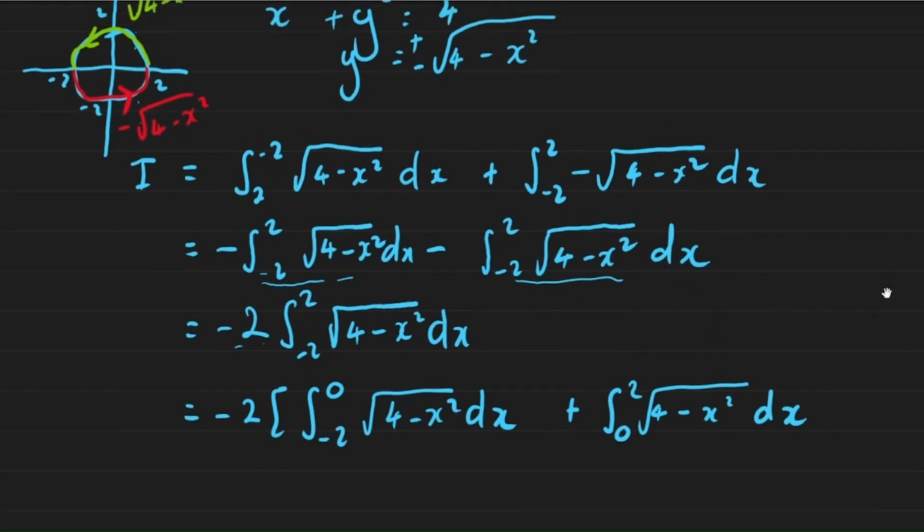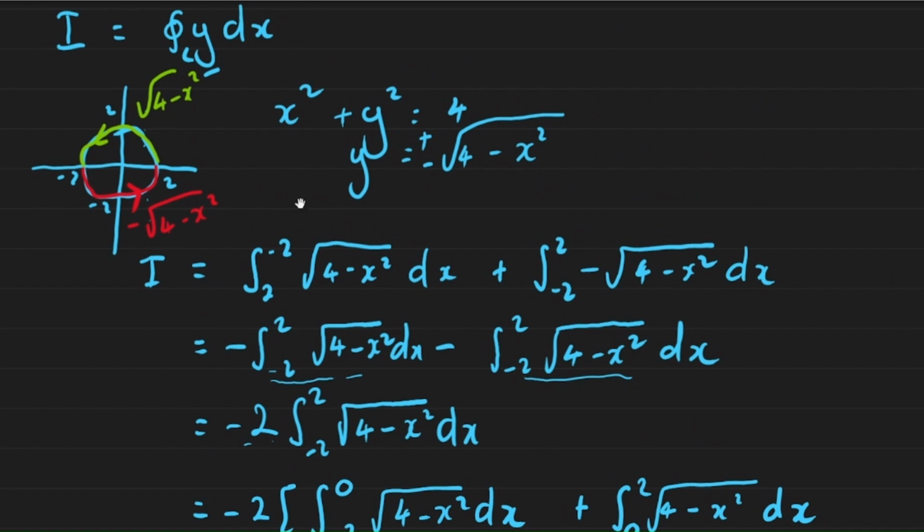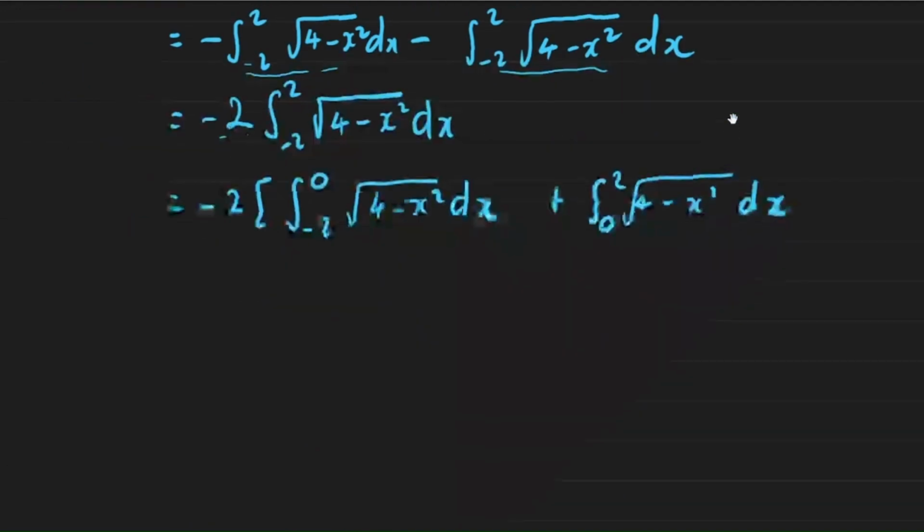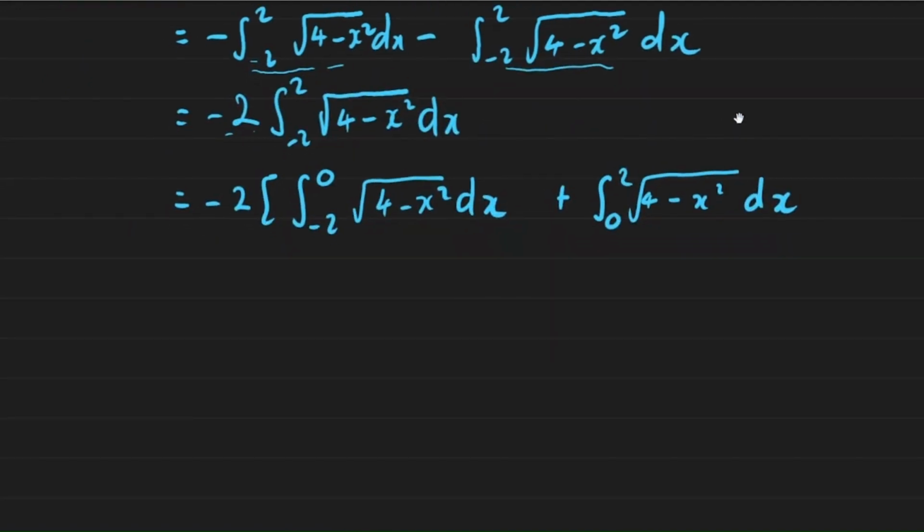If you look at the circle, of course, integrating from 0 to minus 2 is the same thing as integrating from 0 to 2. So what we have on the one side, we should have on the other side as well. So what we're saying is that these terms of the integral are actually equal. So that term is actually equal to that term. So in the same way, we'll just add them together.